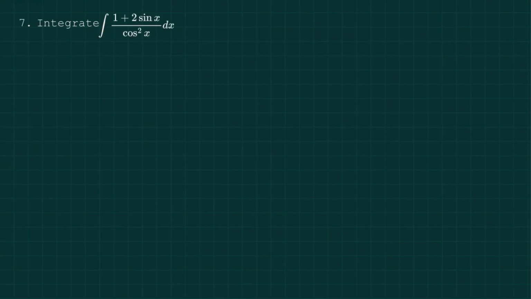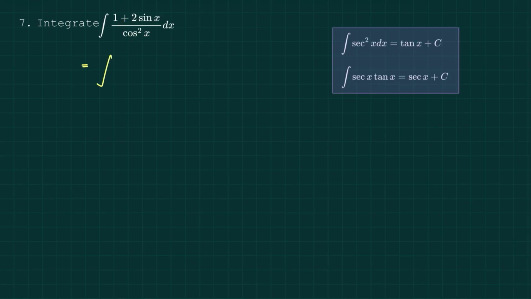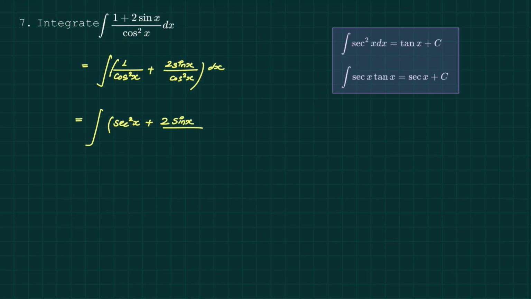Question 7. Integrate 1 plus 2 sin x over cos square x. So here let us distribute the denominator, then we will have 1 by cos square x plus 2 sin x over cos square x dx. So this equals integration of 1 by cos square x, which is sec square x, plus 2 sin x by cos square x, which can be written as sin x by cos x into 1 by cos x.